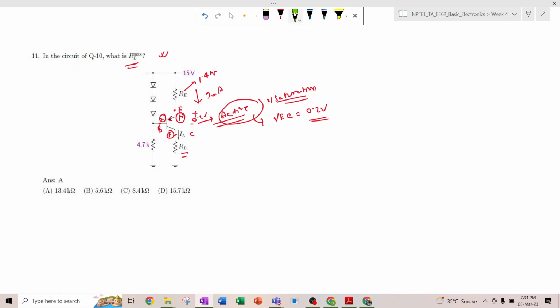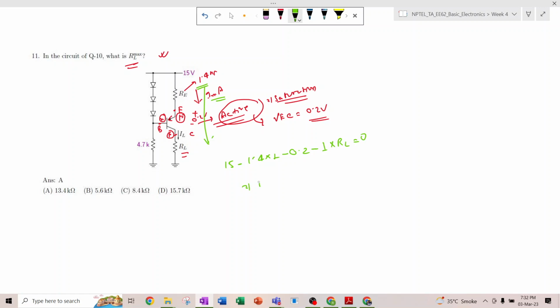Okay, so if you apply the output KVL, then what you are getting: 15 volt minus 1.4 into 1 milliampere, minus 0.2, minus IL, which is nothing but 1 milliampere, into RL is equal to 0.